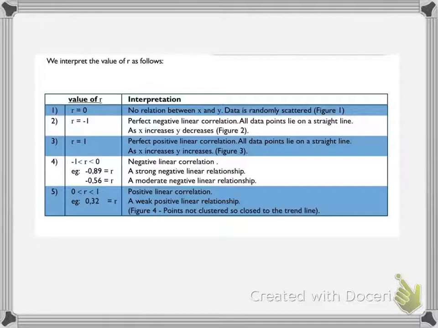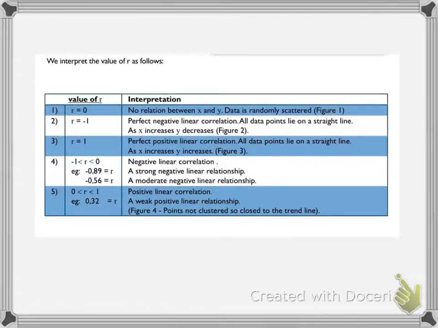If R is equal to -1, there is a negative correlation, and it's a perfect linear correlation. All data points will lie on a straight line, your regression line. As X increases, Y decreases, and you can see that in the second picture over the page.